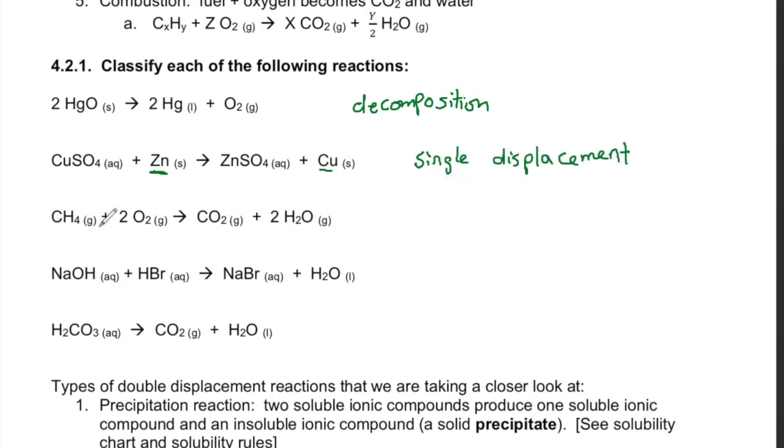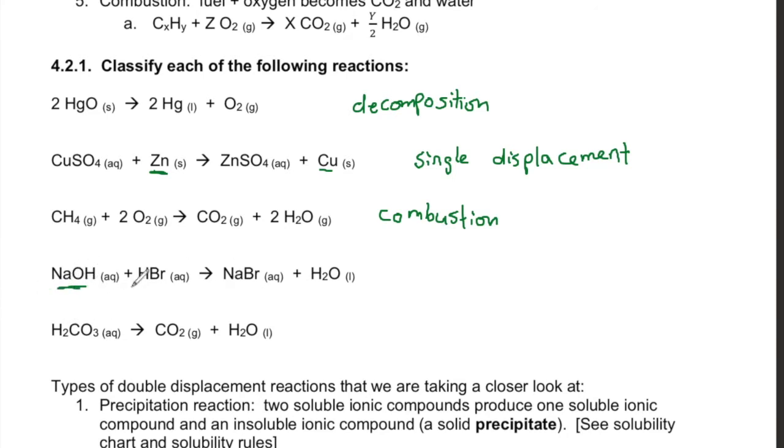So this reaction has 2 things going to 2 things, so it's not a combination or decomposition. This one we do have a fuel and oxygen going to carbon dioxide and water, so this is our combustion reaction. Here we have 2 things going to 2 things, and it's not a combustion, so we're deciding between single and double displacement.